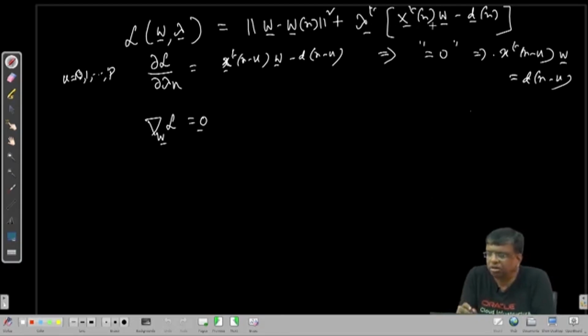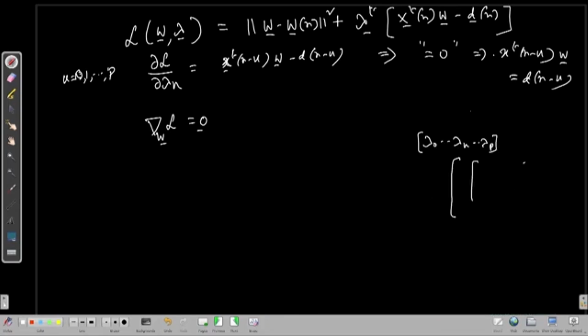Actually it will be this, x transpose n w, and lambda transpose, so this lambda 0 dot dot dot lambda k dot dot dot lambda p. Lambda 0 multiplies x transpose n w, a row vector into a w column vector, minus d n, which is a scalar, but there is no lambda k there.